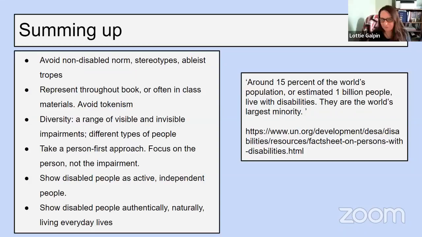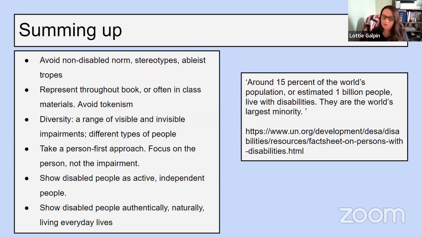Okay, so summing up, pretty much what I've already said: avoid a non-disabled norm, stereotypes, and tropes; include representation throughout your class materials, and avoid tokenism. Include a range of visible and invisible impairments. And if you're thinking about those invisible impairments, images are great, as we've seen, but also things like discrete references in audio and discrete references in texts, and different types of disabled people.